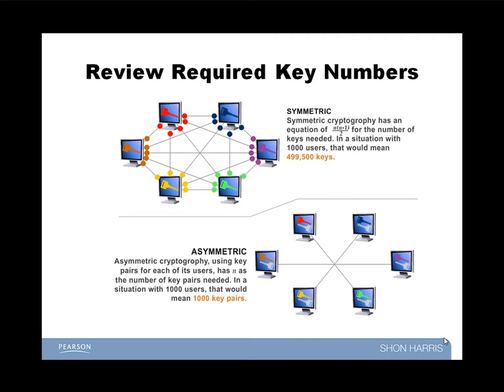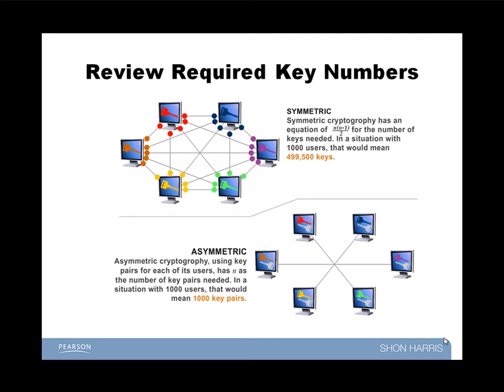And just to review, remember we're going to go over these concepts a few times. The scalability issue with symmetric key is using this formula, n times n minus 1 over 2. And so we see if we have 1,000 users, how many keys we have to keep track of. And if it's just symmetric, remember we have to get all of these to their destination securely. What about asymmetric?